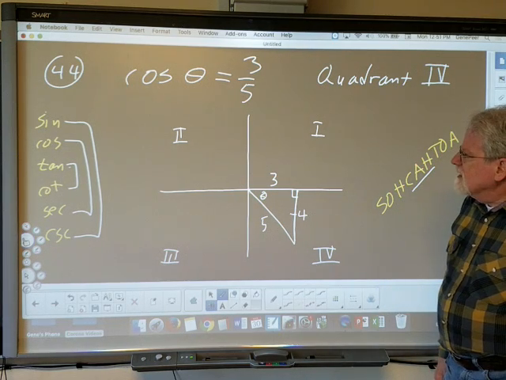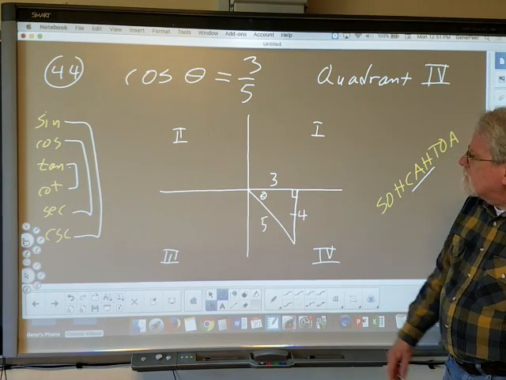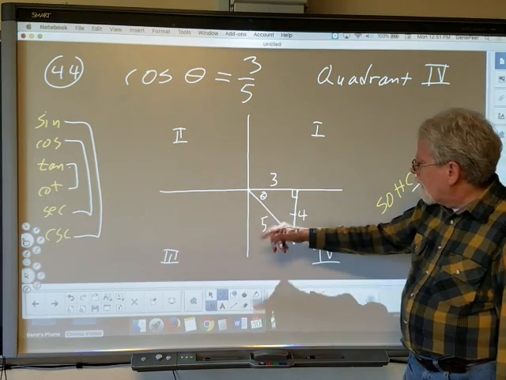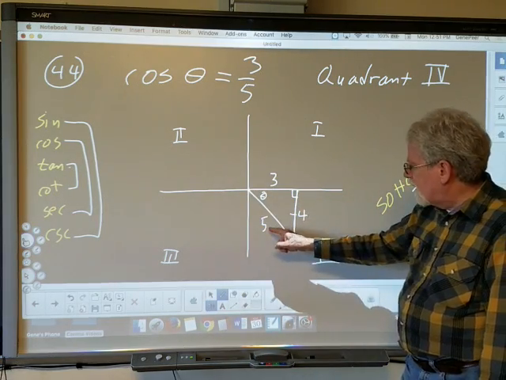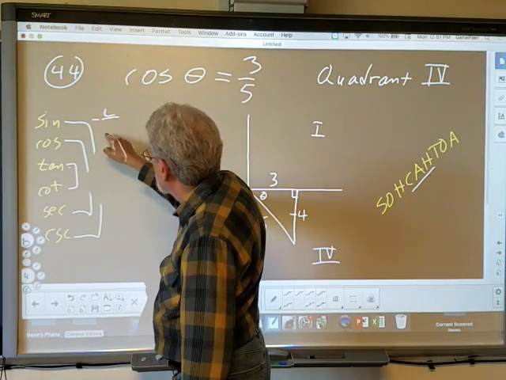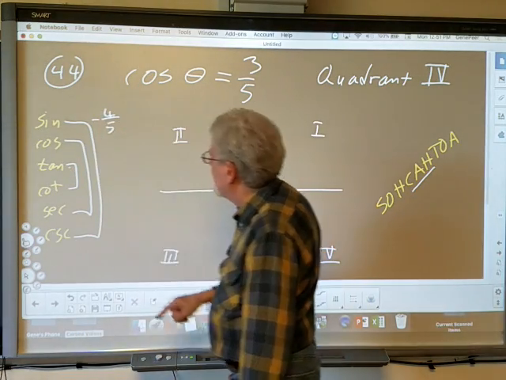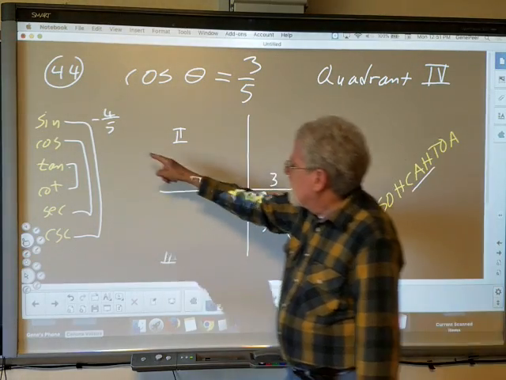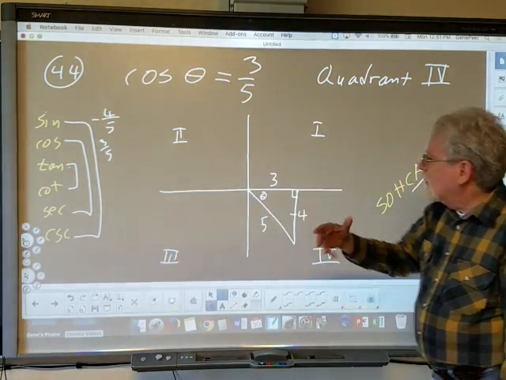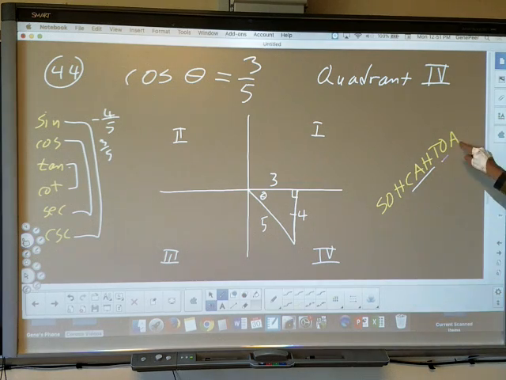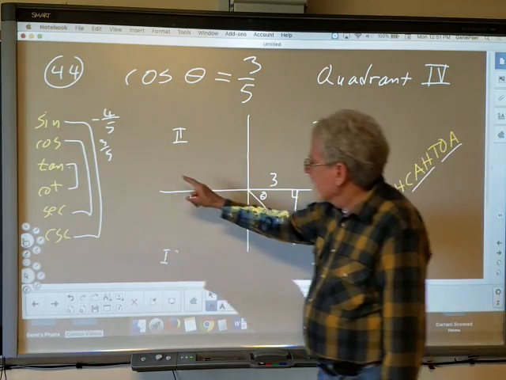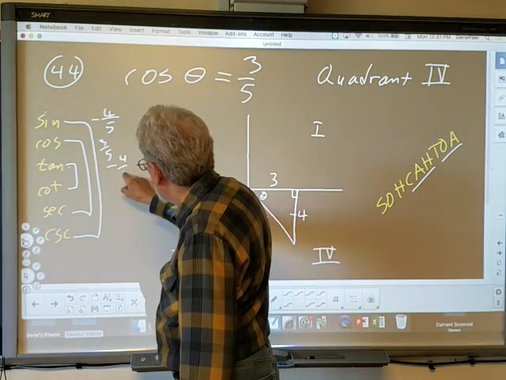Okay, so continuing from there, sine being opposite over hypotenuse, sine is going to be -4/5. We'll put it right here, -4/5. Cosine we already have. Tangent is going to be opposite over adjacent, so tangent is going to be -4/3.